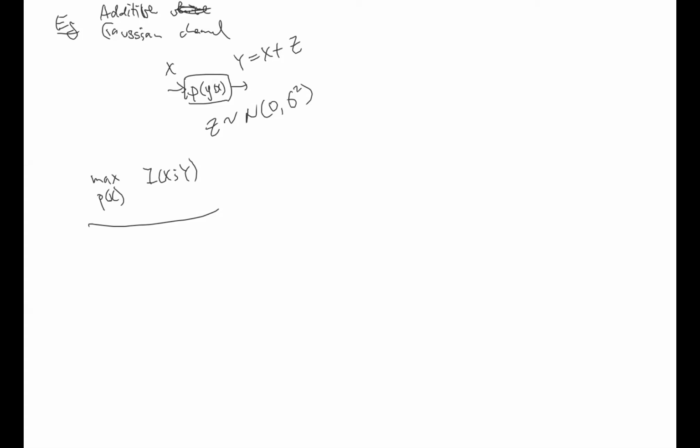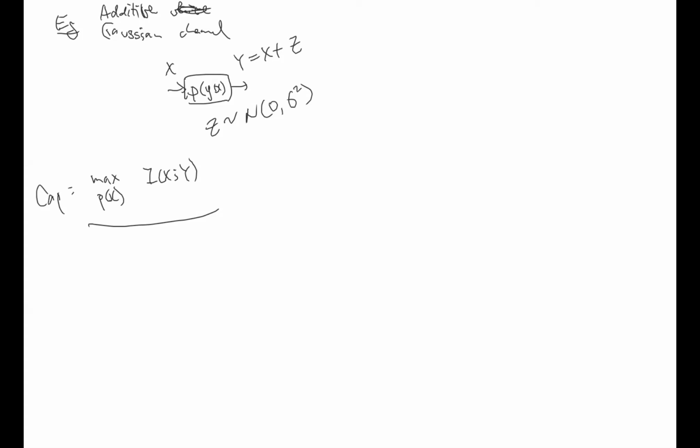So I have a continuous channel, a Gaussian channel, with an input X, and the output will be Y equal to X plus Z, where Z is just additive Gaussian noise with variance sigma squared. The capacity, same formula, will be this.